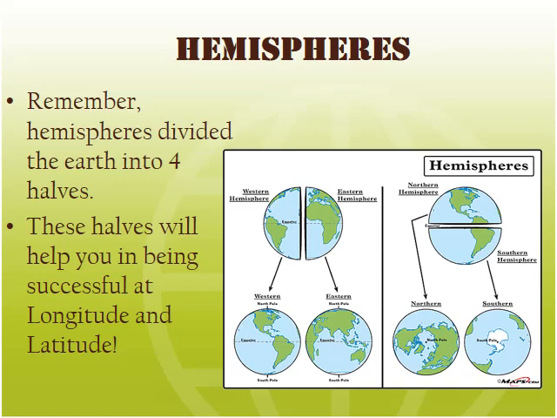So you have your Western Hemisphere, you have your Eastern Hemisphere, you have your Northern Hemisphere, and your Southern Hemisphere. So here's one, here's the second half, and then we have to look the other way. Here's a third half and a fourth half. Okay, so 4 halves, those are your hemispheres.